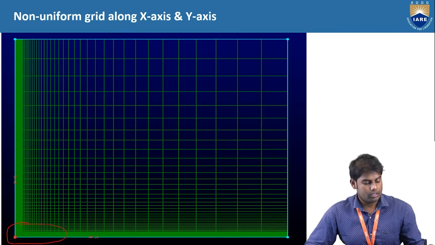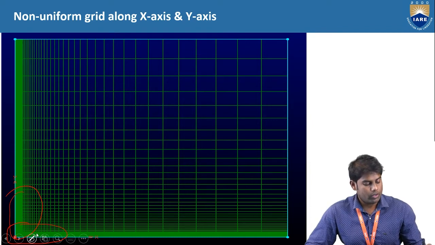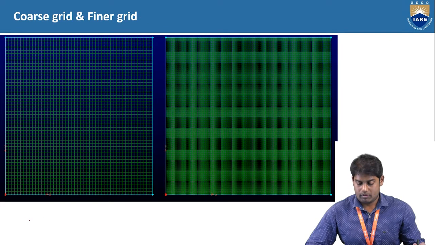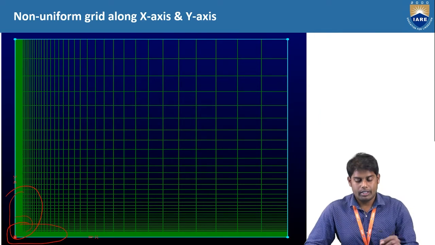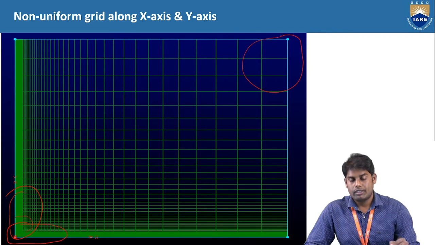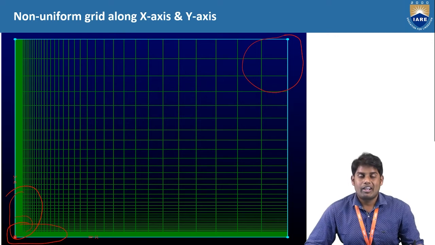Near to the origin, and along the x-axis, you can see that you have a fine grid. But if you go away from the origin and here in the top, it is not as fine, and the spacing along the x-axis and y-axis is also non-uniform.